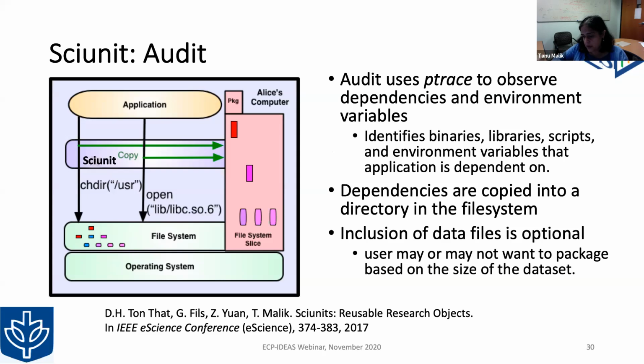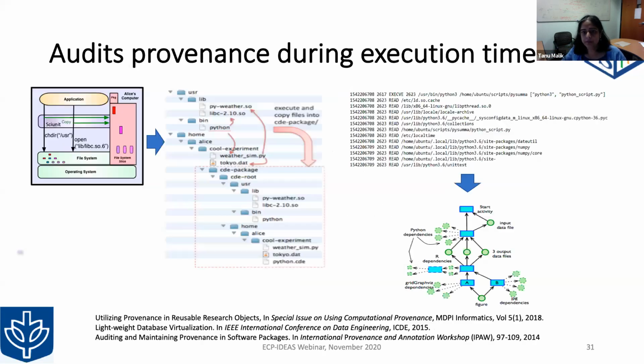And these dependencies, which it is observing during runtime, are copied into a directory in the file system. So this is the host file system where the application is running. Inclusion of data files is optional. A user may or may not want to package based on the size of the data set, but I'll talk a little bit more as we go along in this talk.